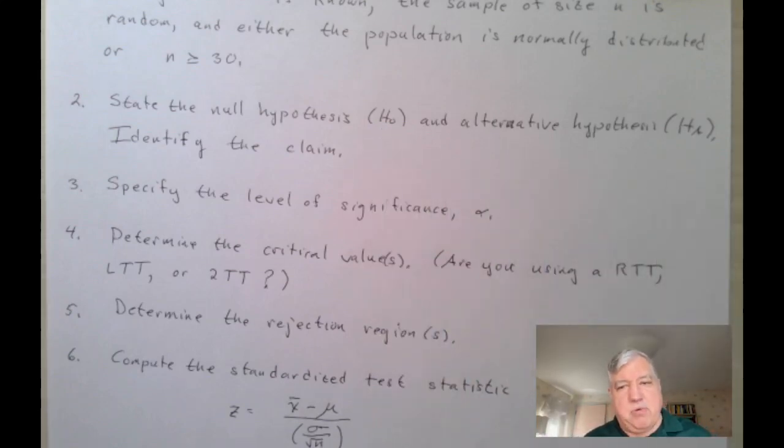So you're going to write both of them and identify the claim. Then specify the level of significance, alpha, that will be given to you. And again, the level of significance is the maximum probability that you're making a type 1 error. That is, that's the maximum likelihood that you'll be rejecting something that is true.